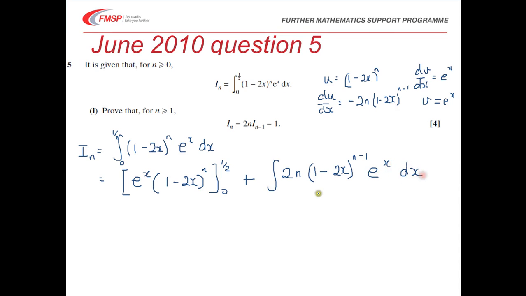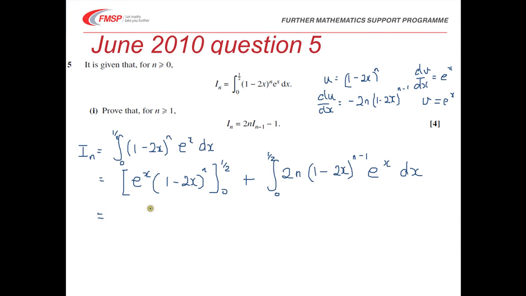And we've got to integrate that with respect to x, and again the limits are 0 to a half. So just be careful that you get that first stage of integration by parts correct. So uv minus the integral of v du by dx.